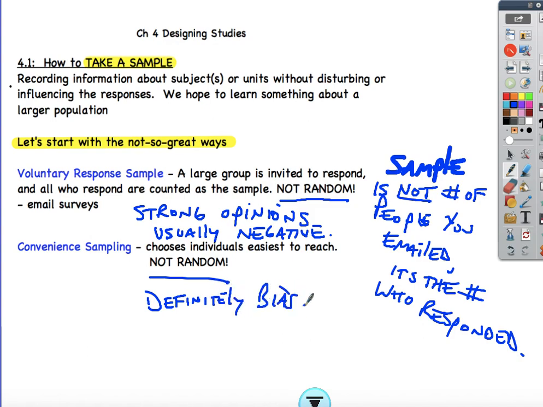And at the time you're doing it, you might not realize what the bias might be, but it definitely comes into play. And you should always, always, always do the best you can to eliminate unsuspecting bias, because you can't fix it after the fact. So you need to have random samples to help avoid that bias.